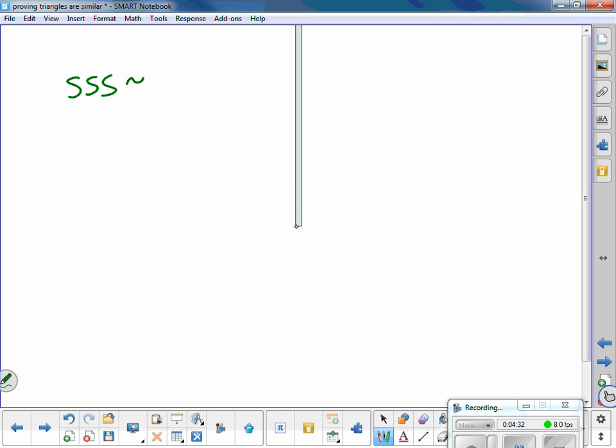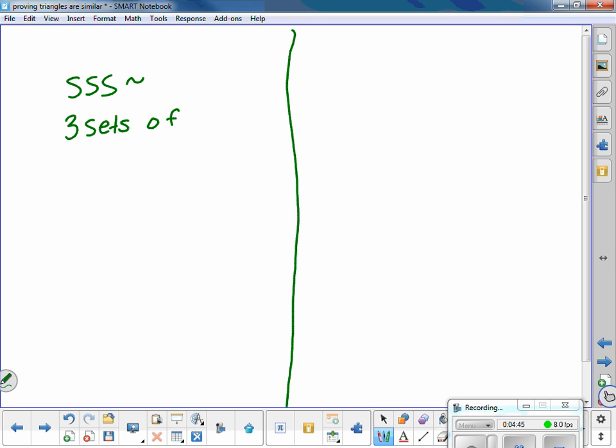And I'll put a line down the middle so you know where the crease is in your notebook. Basically, this one says 3 sets of sides are proportional. And we did this one in class. So, here's an example.